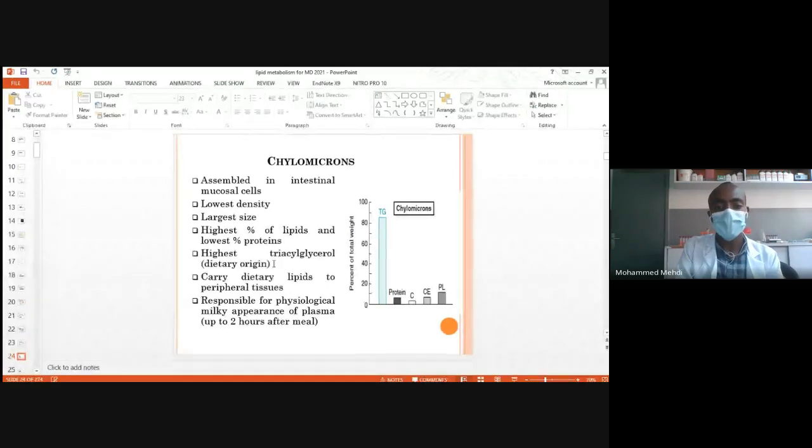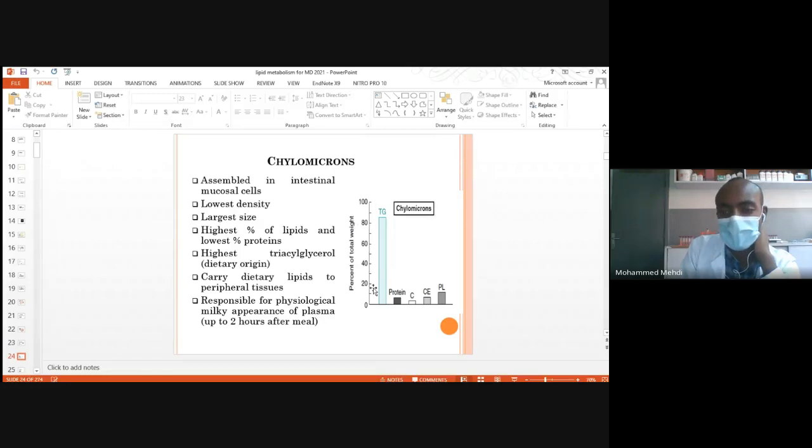From the lipid part, triacylglycerol makes the highest proportion. It carries exogenous, or dietary, lipid to the periphery of our body, and it is responsible for the physiological milky appearance of plasma up to 2 hours after a meal. So these are the properties of chylomicron.